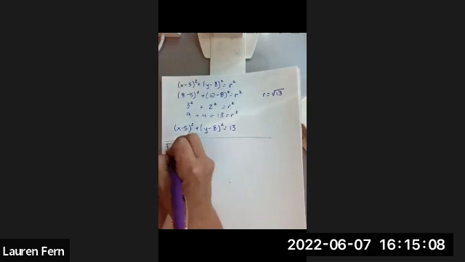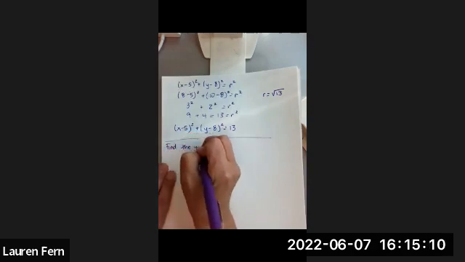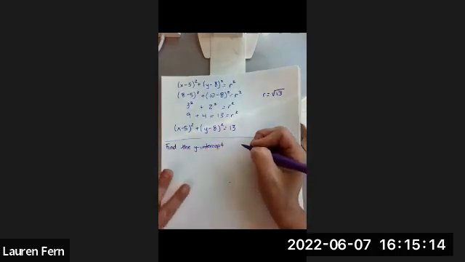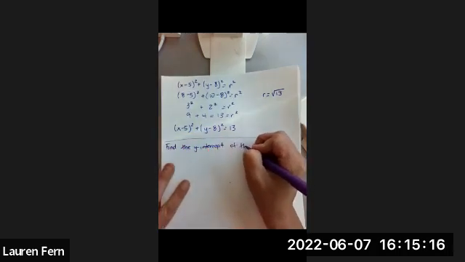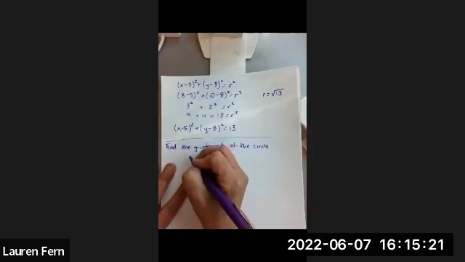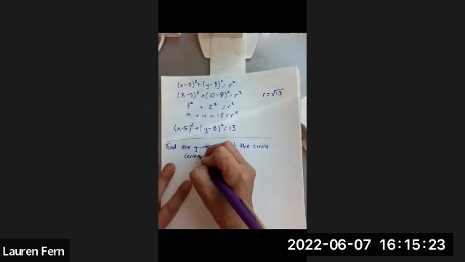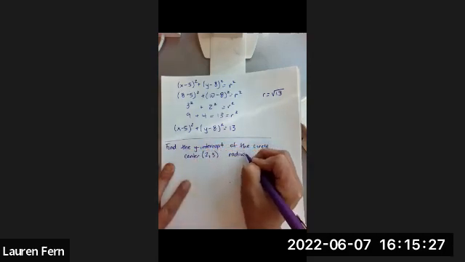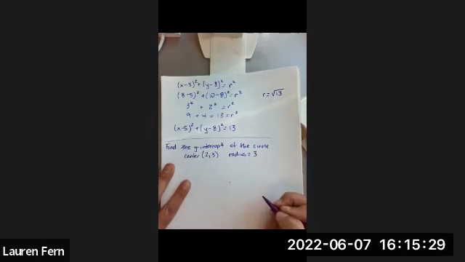I want us now to find the y-intercept of the circle whose center is 2, 3, and whose radius is equal to 3.